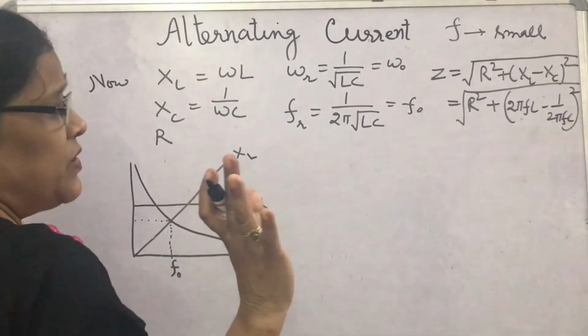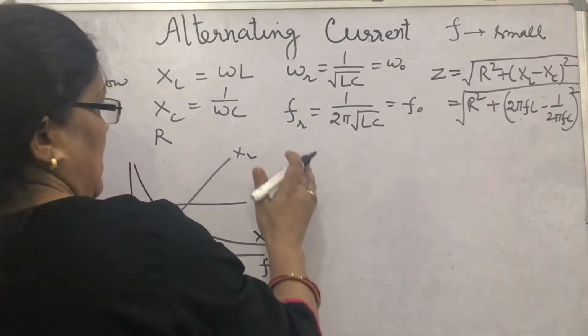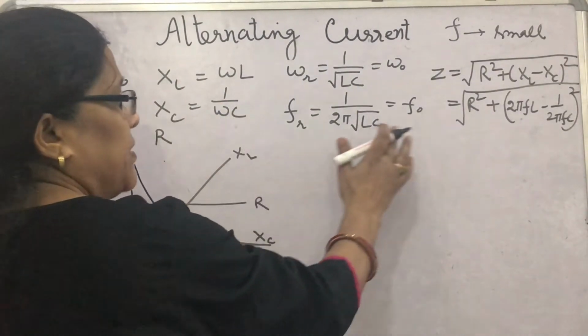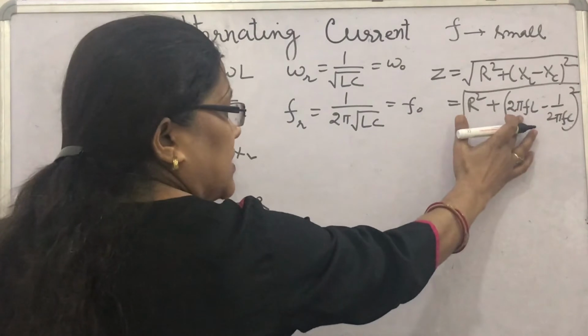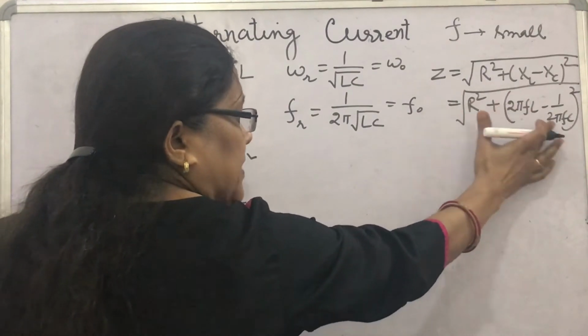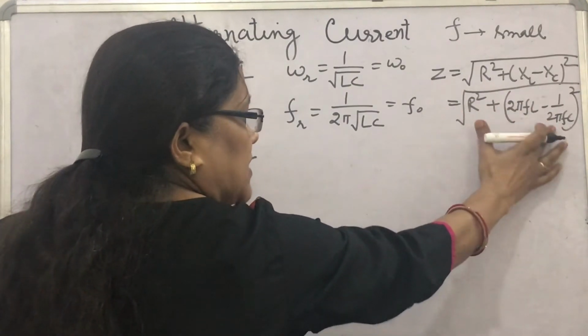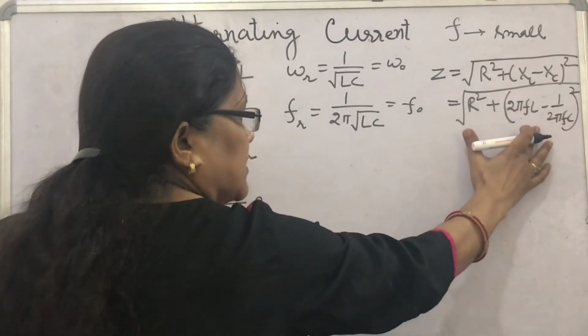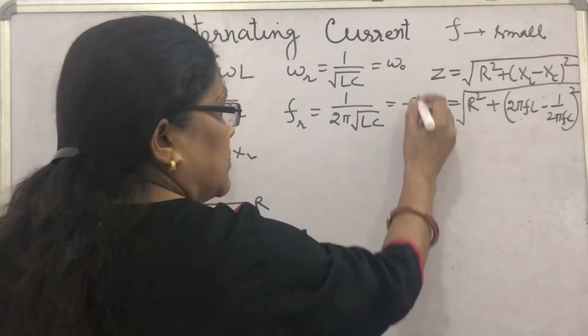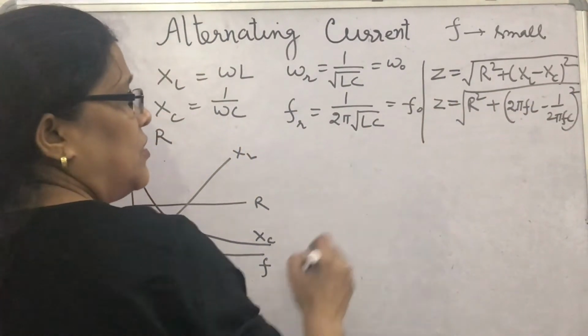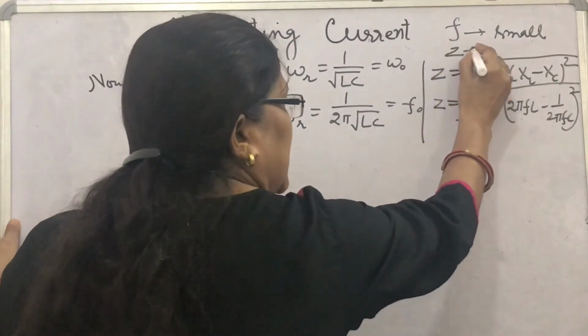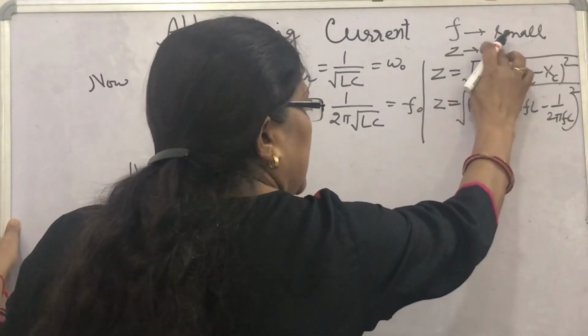At resonance XL and XC are the same, but when f is small, this term is small, but this is larger and the difference square is larger, so Z will also be larger. So we observe that impedance will be large.